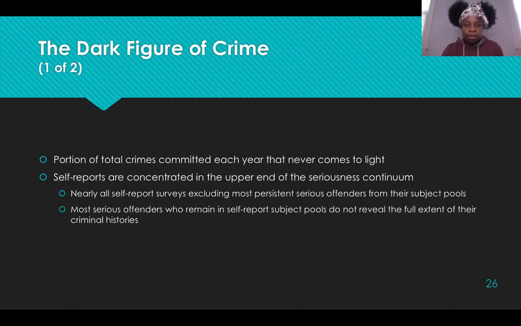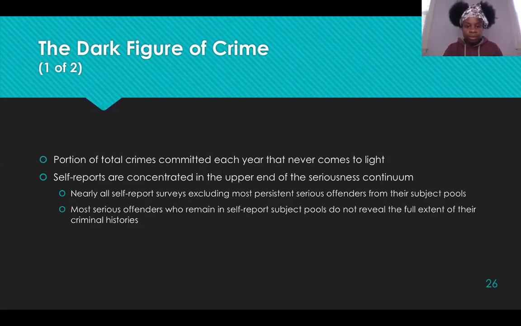Self-reports are concentrated in the upper end of the seriousness continuum rather than the lower end, partly due to nearly all self-reporting surveys excluding most persistent serious offenders from their subject pools. Many of those most serious offenders who remain in self-report subject pools do not reveal to the full extent their criminal histories.